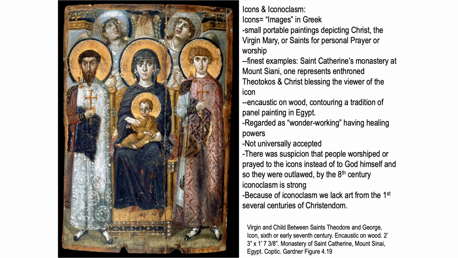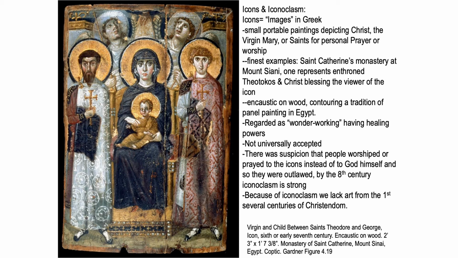Mary sits on a throne as she is queen of the heavens, and she sits in this royal blue robe. You can see even in the images of the monastery of St. Catherine's in Mount Sinai that imperial look that I told you about.